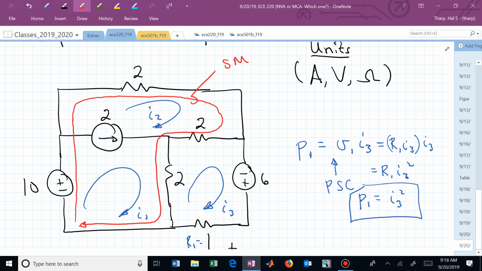Yes? Do KVLs ever work with loops or paths like that? And the answer is yes. Is that the question? I know it would work around the whole outer loop because we've done that. It looks a little weird, and that's good. The question was, you're drawing things that look a little weird to me.